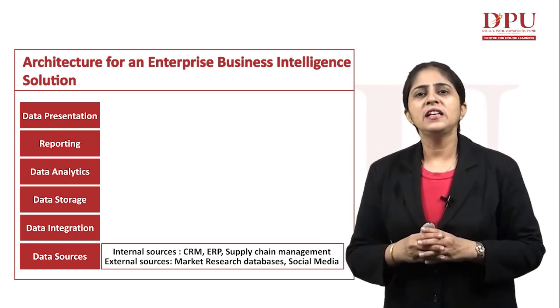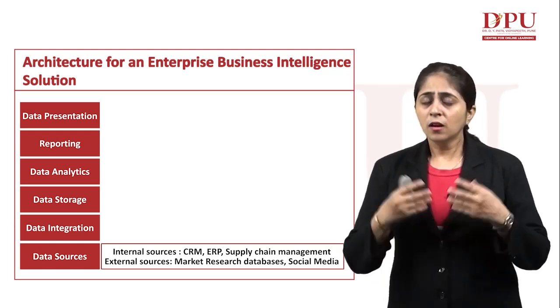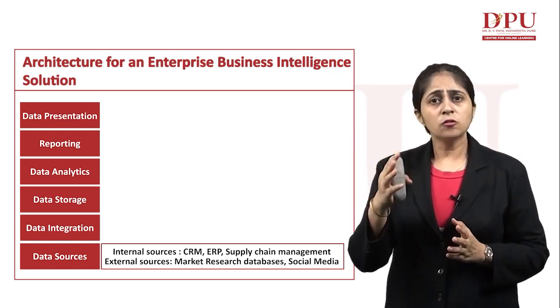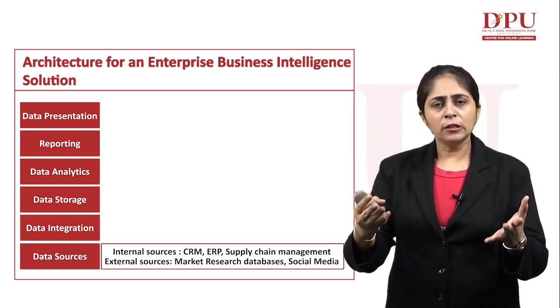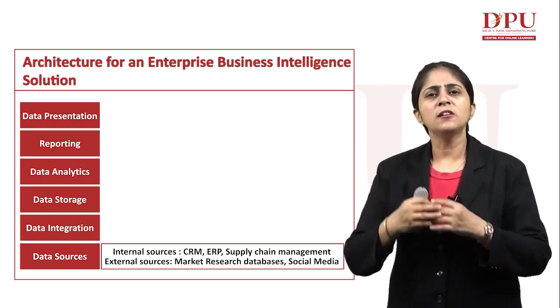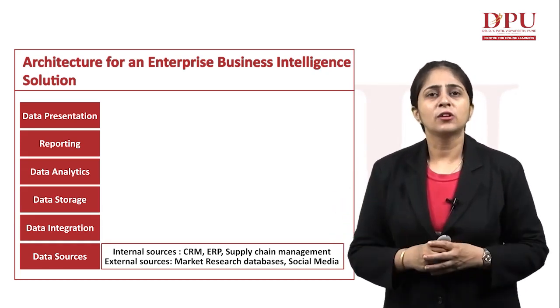Then we have the ERP. ERP is enterprise resource planning. Since a company has various resources, proper resource planning has to be done. At what point of time, what resources should be utilized in an efficient form so that we can have more productivity for the company.